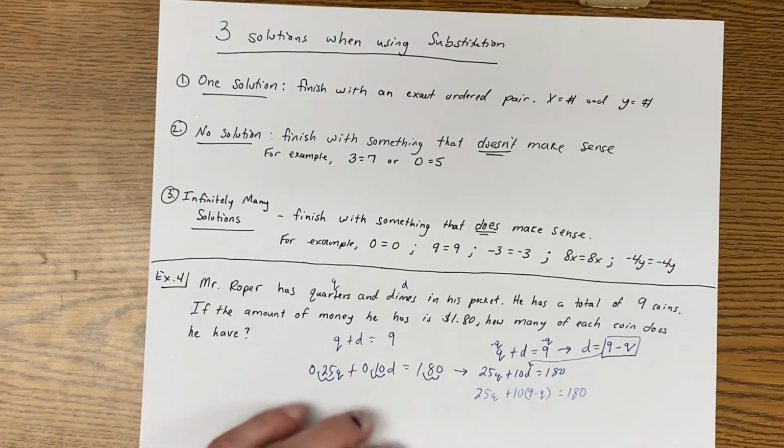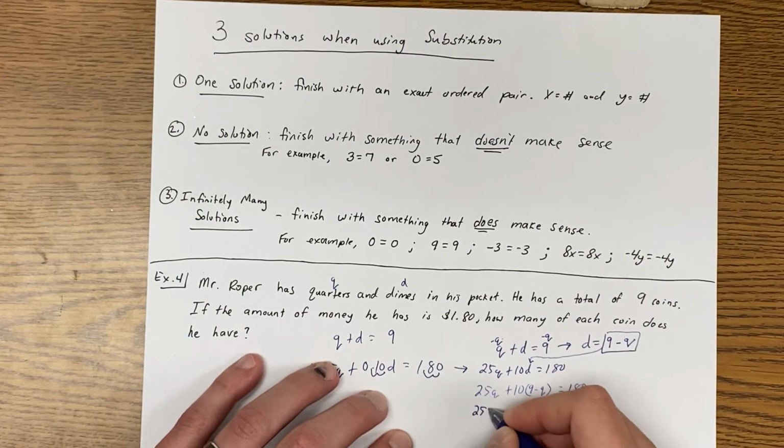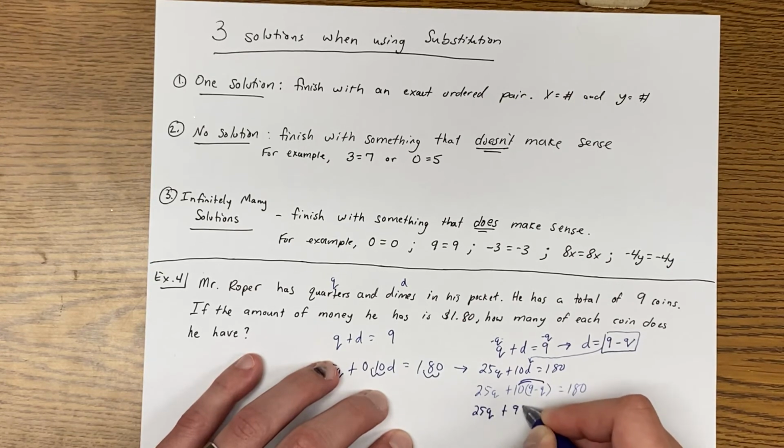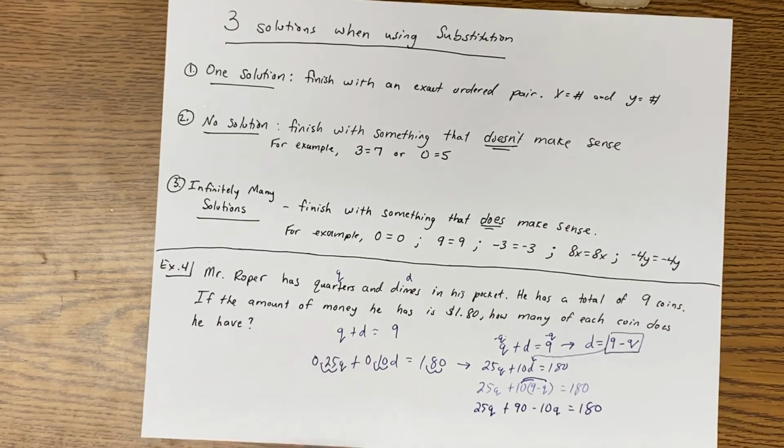So from here, we can bring down the 25Q, distribute here, plus 90 minus 10Q equals 180.